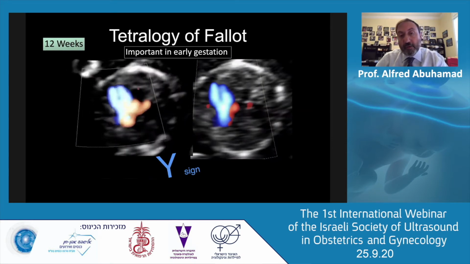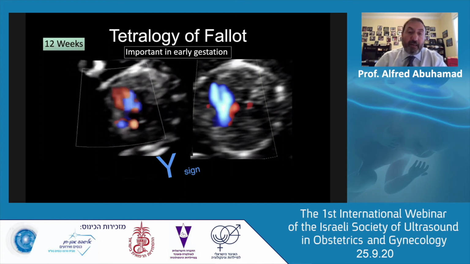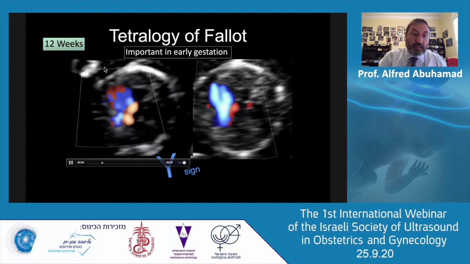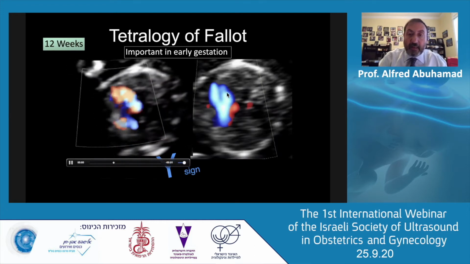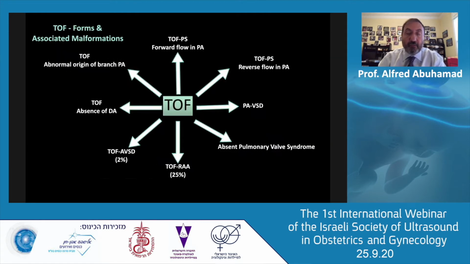So it is an important sign that helps us suspect the presence of overriding aorta and tetralogy of Fallot in the first trimester. And here you see there's an abnormal cardiac axis. I will talk about that later. And a Y sign that makes us suspicious there's tetralogy of Fallot here.